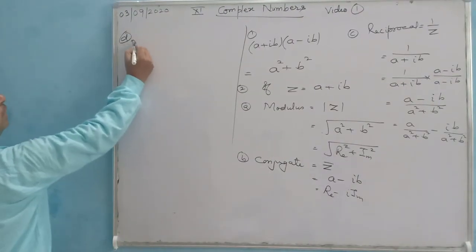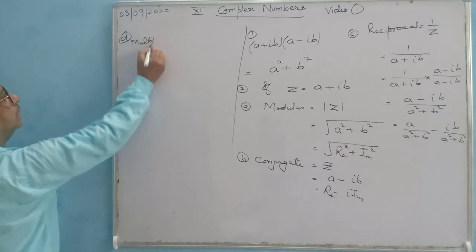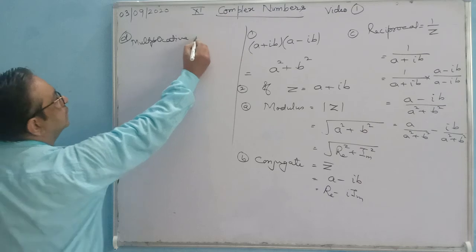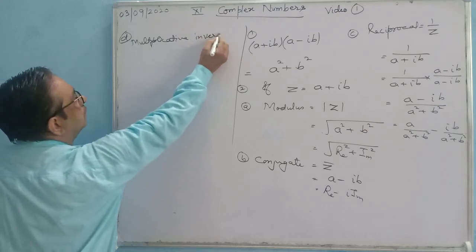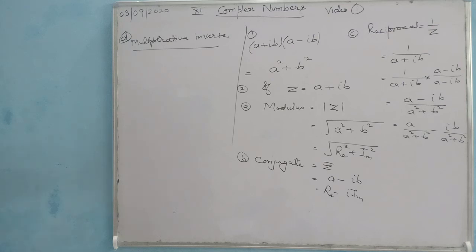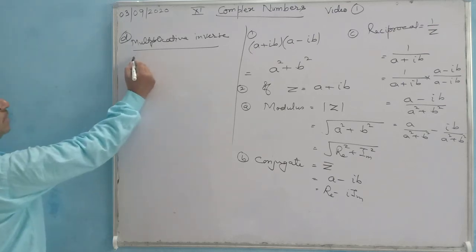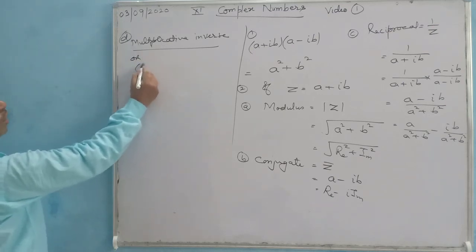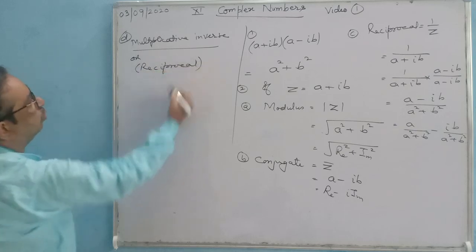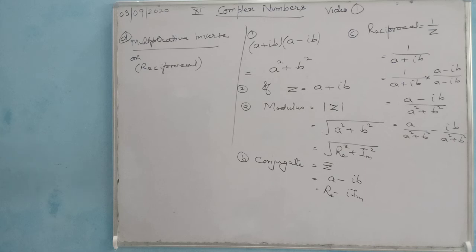Now the fourth point: multiplicative inverse. The other name of multiplicative inverse is reciprocal. Check this one.